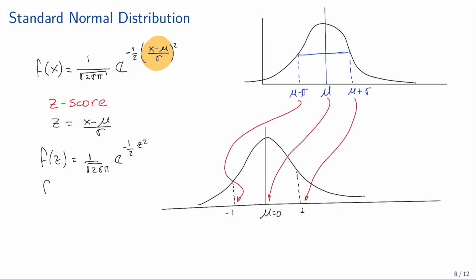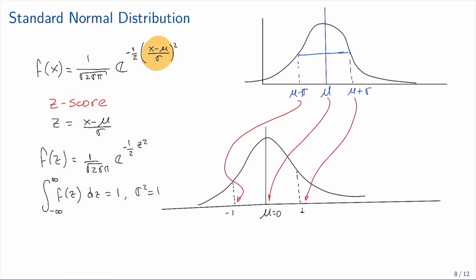If we want our integral of f of z between minus infinity and infinity, with the corresponding change of variable, to be equal to 1, we need sigma squared to be equal to 1. So sigma is equal to 1.